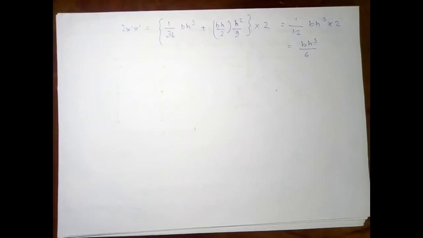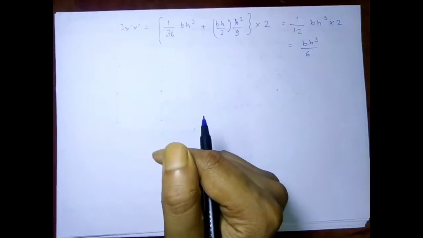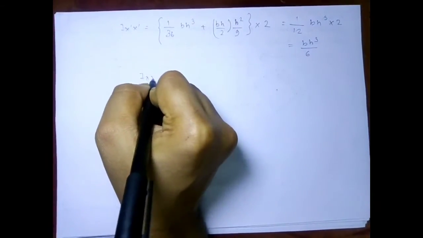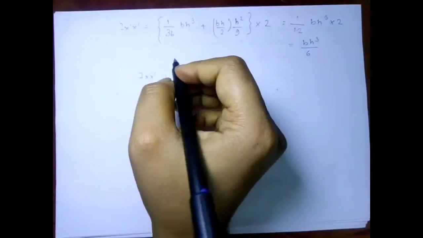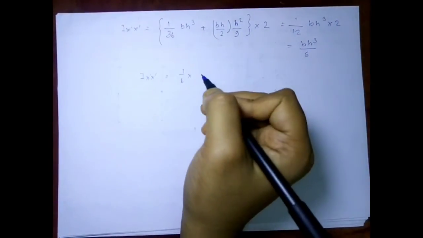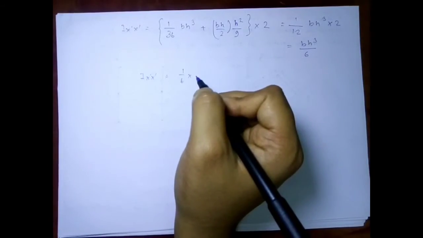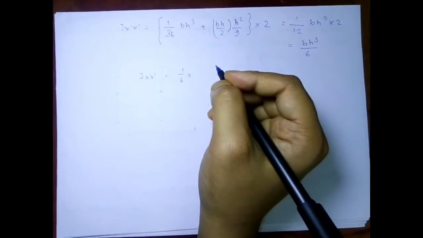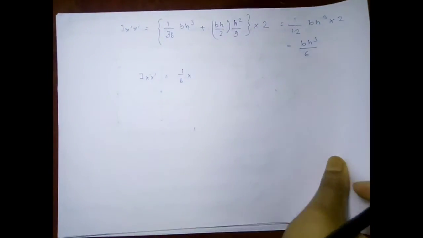So this is basically the moment of inertia I x dash, and now I x dash will be equal to 1 by 6 times b h cube. So what will be the value of b?